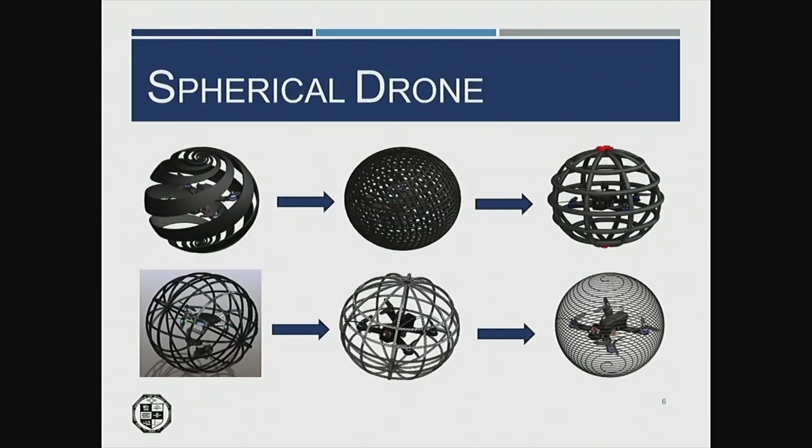As I said, an underground mine is a harsh environment, so we came to the idea to protect our drone from colliding with the wall. What we did, we designed a cage for our drone. These are some of the concepts that we tried in 3D.